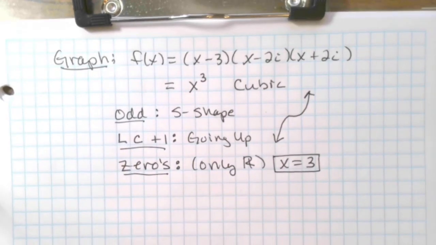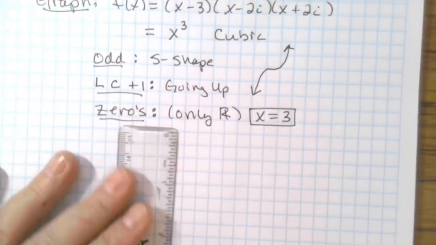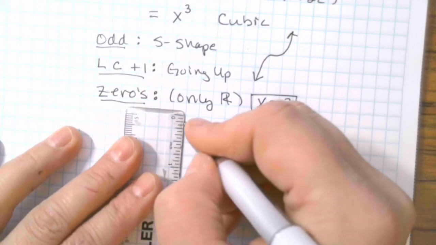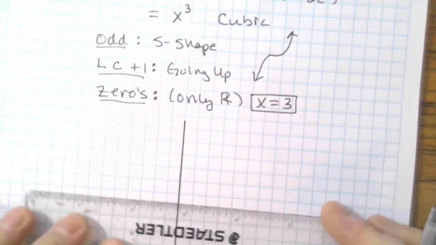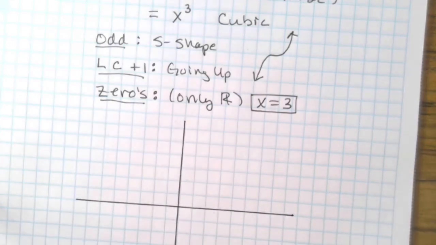Typically, the imaginaries will create bumps, but those aren't really critical points for what we do. So if I had to do a sketch of this graph, I know it's going to cross at 3, so that one's kind of a no-brainer.